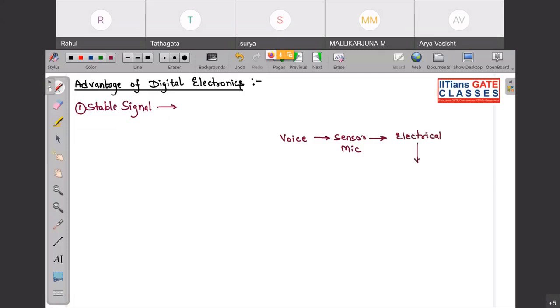This electrical signal goes to the laptop. Now the laptop has an ADC, analog to digital converter. You might argue, sir, do we have this ADC in the mic also? Yes, you can have the ADC in the mic also, but usually the ADC is in the laptop. So the laptop converts this analog electrical signal to a digital signal.